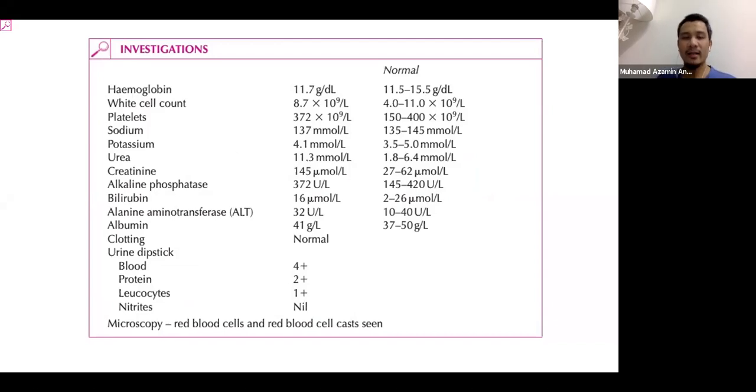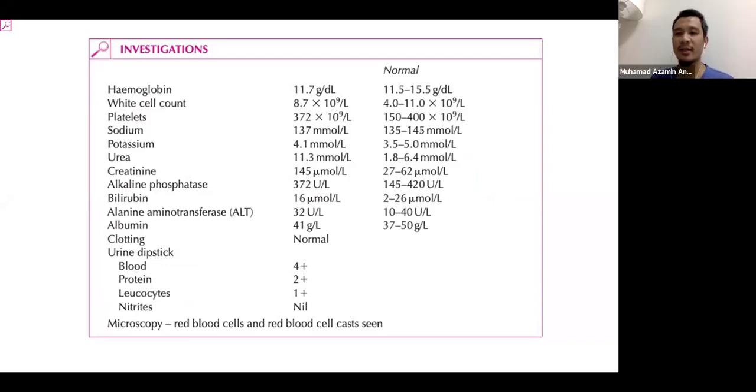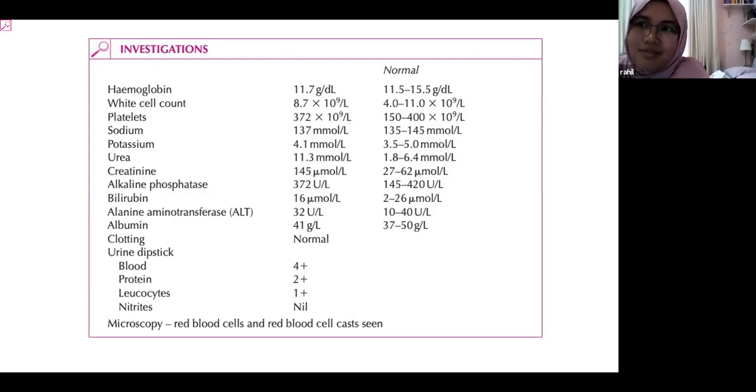Kenapa kita nak tahu platelet dia? Why is it so important to know the platelet levels? Any bleeding disorder? For example, what is the most common bleeding disorder in a child, or acquired bleeding disorders? Sickle cell.